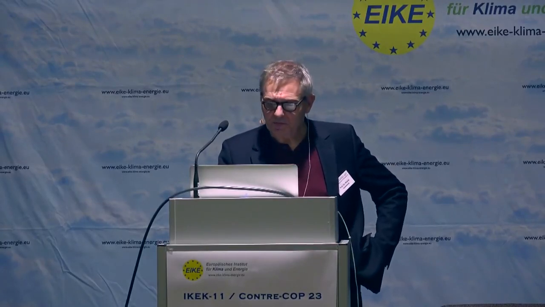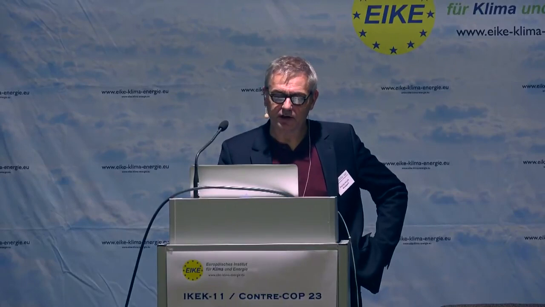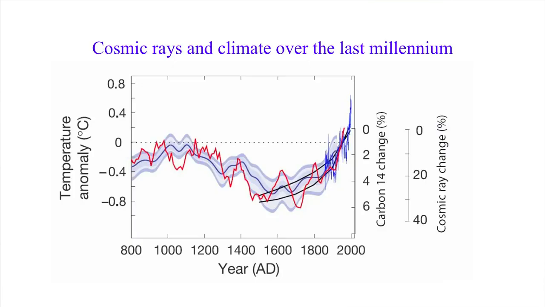So if we, for instance, look at one of these examples that show that there is a connection between solar activity and climate, what I'm showing you here is the last 1,000 years. And you see this reconstruction of climate where you have some variations. You have the Little Ice Age, you have the modern period here with the temperature going up.